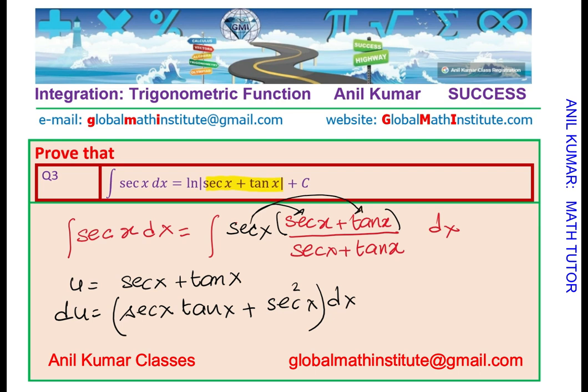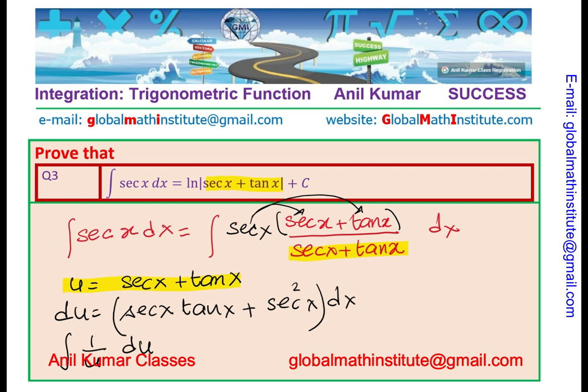And therefore, we can rewrite the integral as the integral of 1 over u du, since we know that secant square x plus secant x tan x times dx is du.